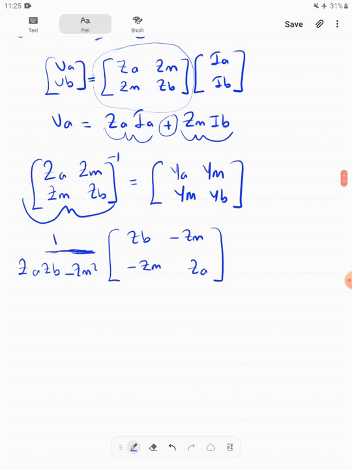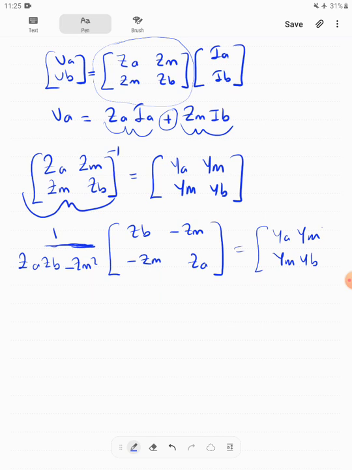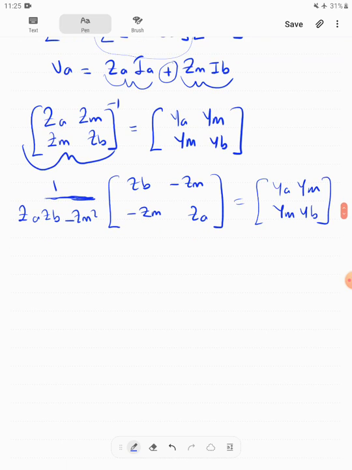Yes, this is a fast way to calculate the inverse of a 2 by 2 matrix. And that will be equal to YA, YM, YM, YB.